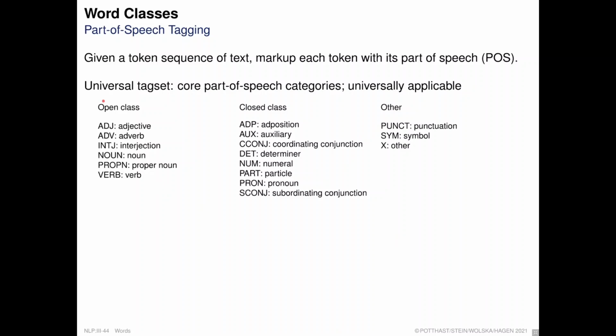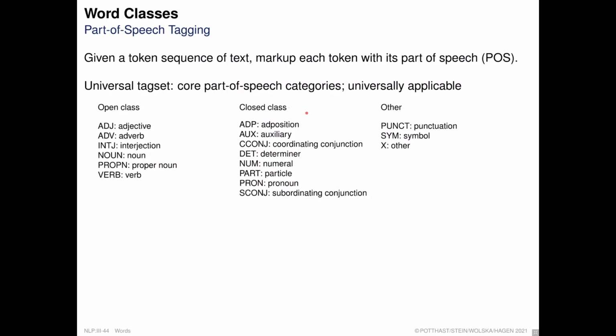So here are the open word classes from the universal tag set. We already saw all of them: adjective, adverb, interjection, noun, proper noun, and verb. So this is the difference here. The proper noun is distinct from a noun.